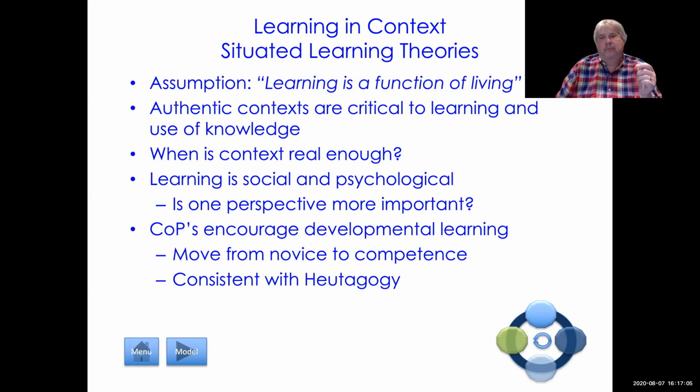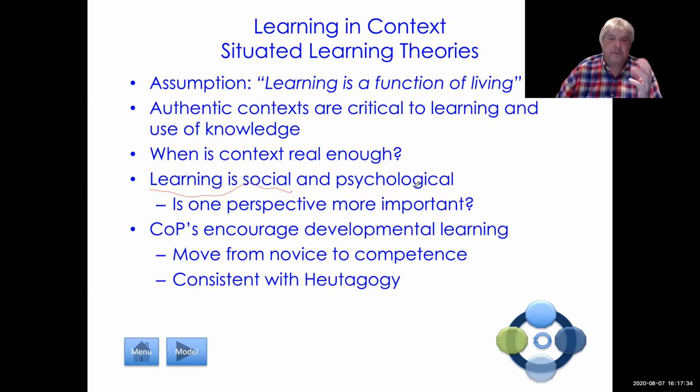The other dynamic, from our perspective on learning in context or situated learning theory, is essentially that learning is social. I just want to take a minute and underscore that idea that learning is really a social activity and less psychological.